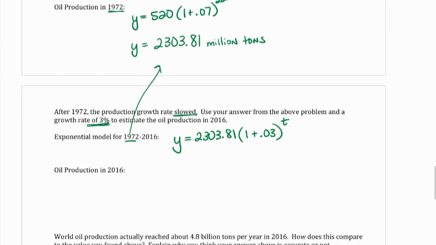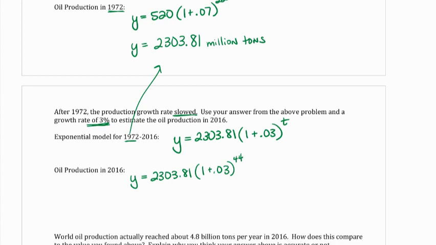Now if I want to predict what oil production would be in 2016, from 1972 to 2016, that's 44 years. So we'll do 2303.81 times 1 plus 0.03 to the 44th power.